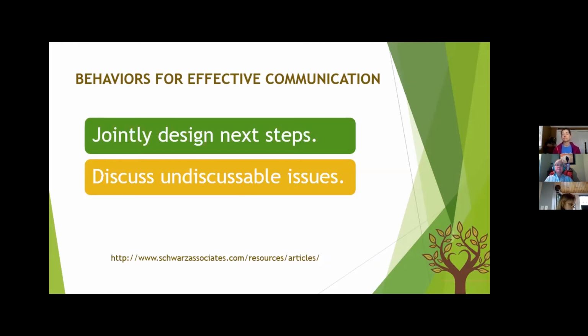And the conversation is not going to be an easy one, but if the group has said we're going to discuss undiscussable issues, it's not you personally confronting the person, even though you are, but you're doing it within the framework and context of saying, we have this effective behavior that we're trying to model, and so I'm doing that now.